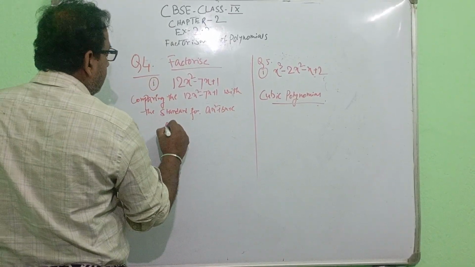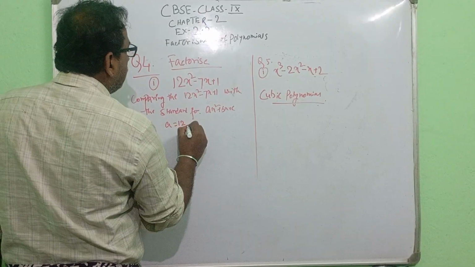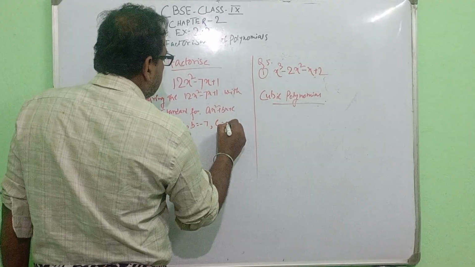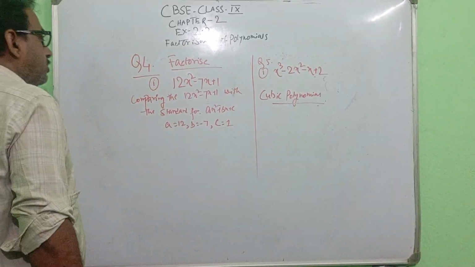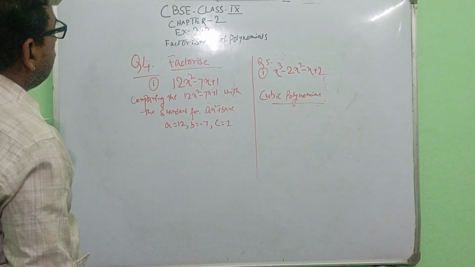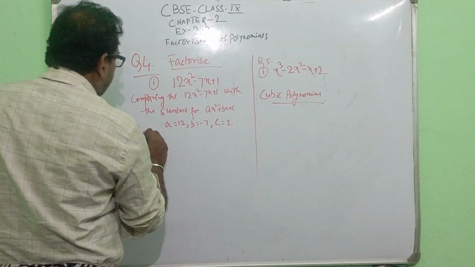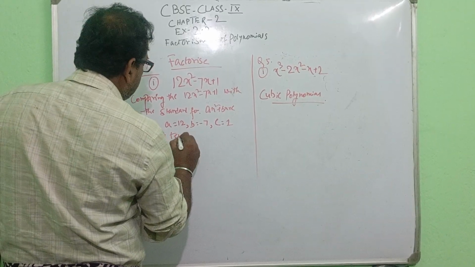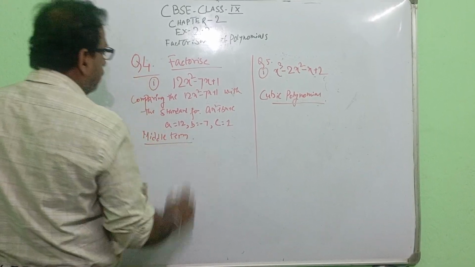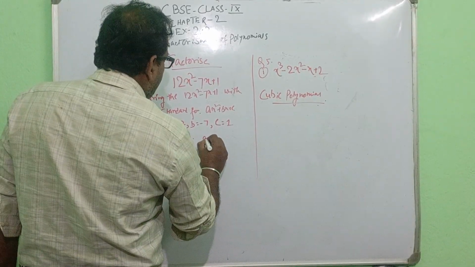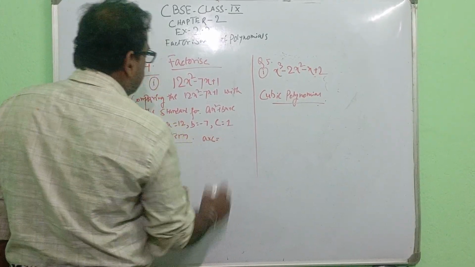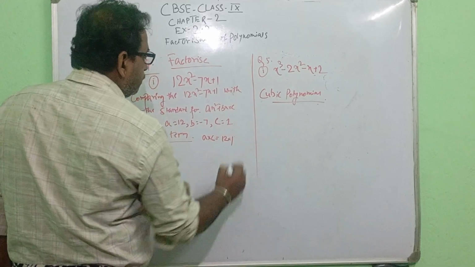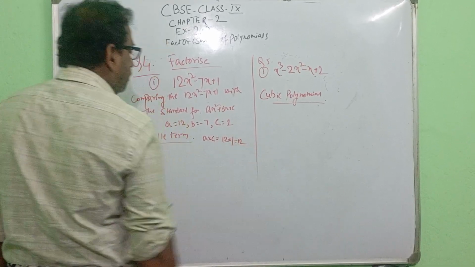Now what is a? a is equal to 12, b is equal to minus 7, c is equal to 1. For the middle term, a into c, that is 12 into 1 is equal to 12.